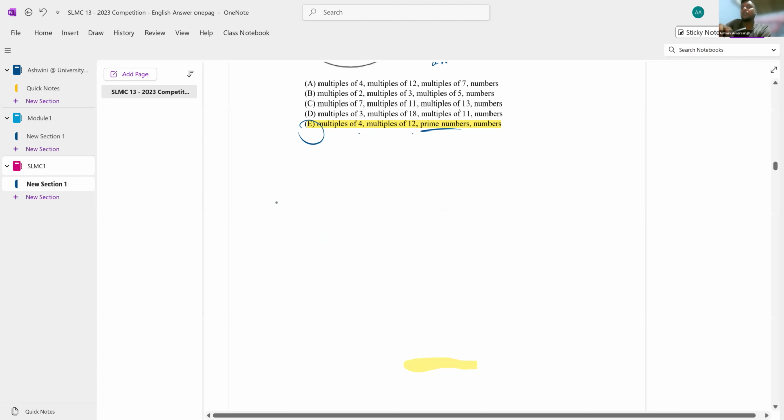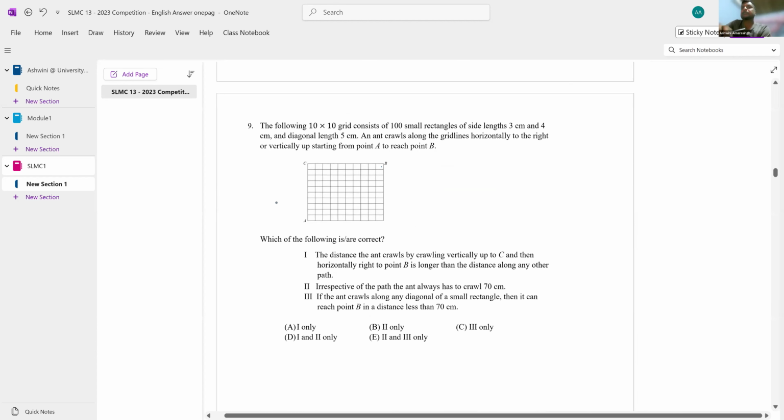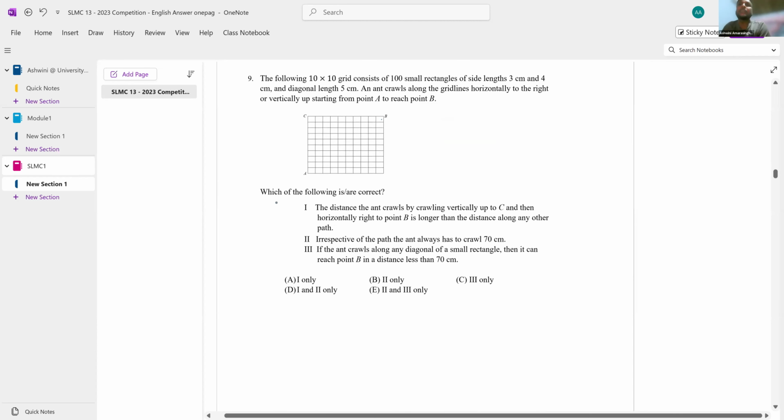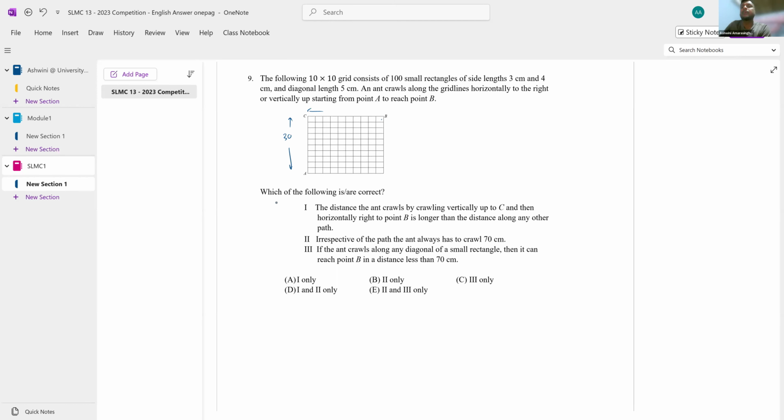Okay, let's move on to question number 9. You have a 10 by 10 grid, with sides of length 3 centimeters and 4 centimeters. So let's say this side would be 30 centimeters and this side would be 40 centimeters. And you are allowed to go vertically or horizontally.